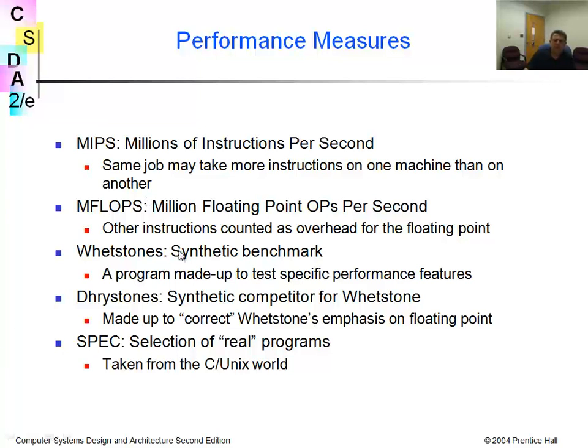One is known as Whetstone, which is a program made up to test specific performance features. The other one is Dhrystone, a synthetic competitor for Whetstone, made up to correct Whetstone's emphasis on floating point. And then you have SPEC, which is a selection of real programs, many programs in different fields of science, and we run those programs to see how the design is performing. What's the performance?